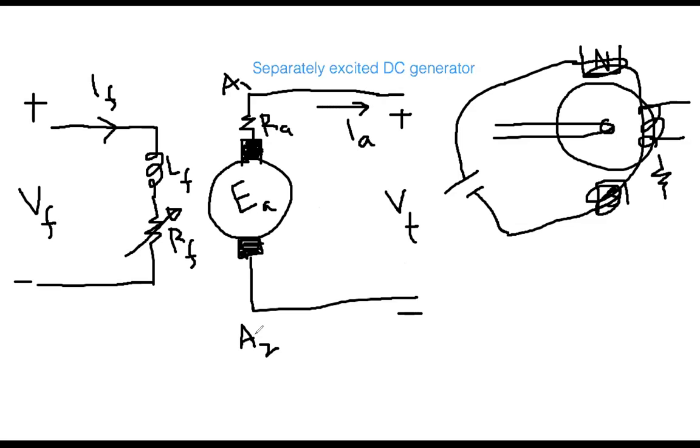So you see, everyone, this arrangement is called separately excited, because, can you see there is any connection between this stator circuit and this field circuit? Or let me label this one. This side is the armature circuit. This one is the armature circuit.